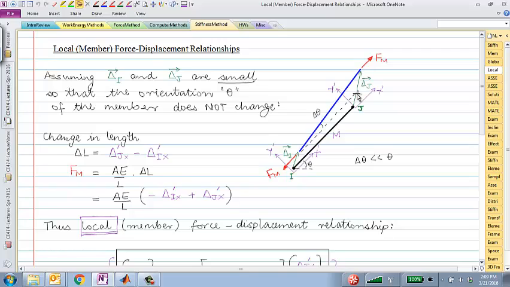Any thoughts on that? If I'm telling you, here's my original undeformed truss member, and after deformation it extends and maybe moves a little bit to that new blue configuration.